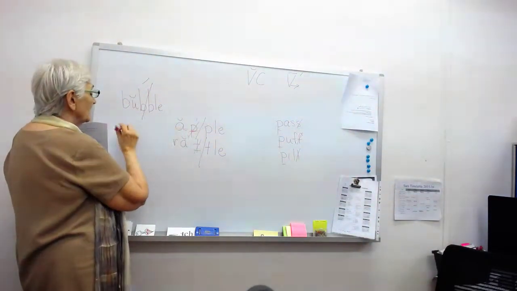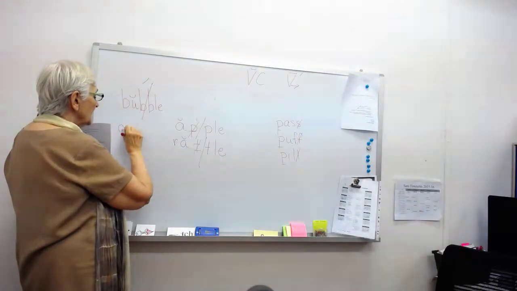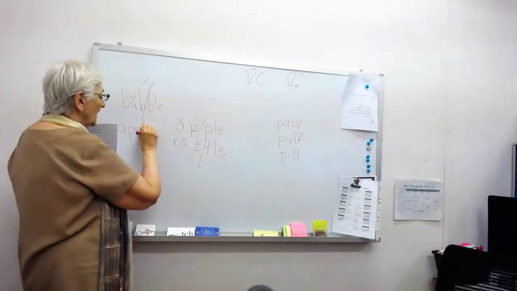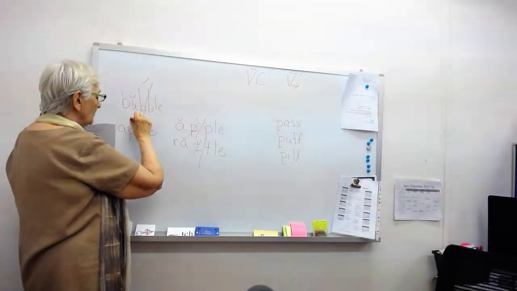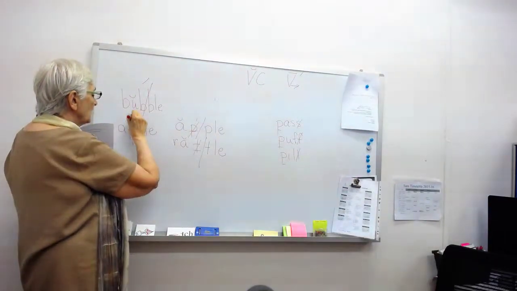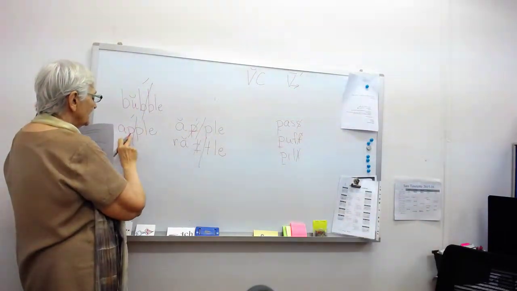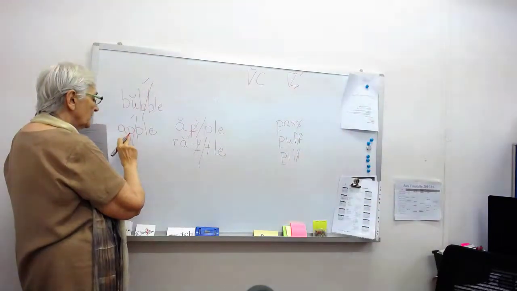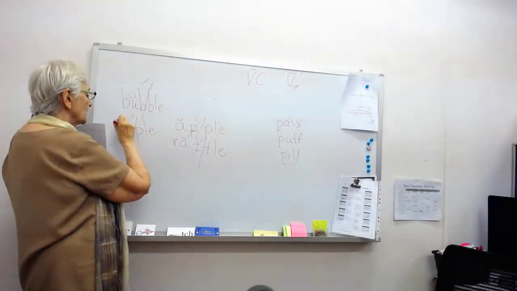How about this one? A, P, P, L, E. I break it here. Stress is on the first syllable. I can see the AP here. The P's job is to keep the first vowel short.